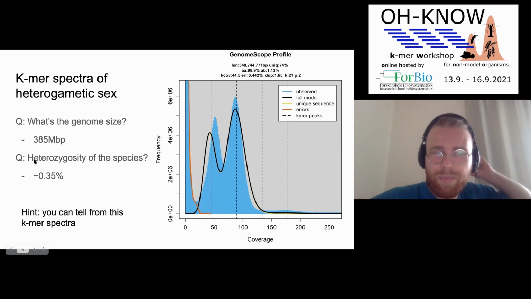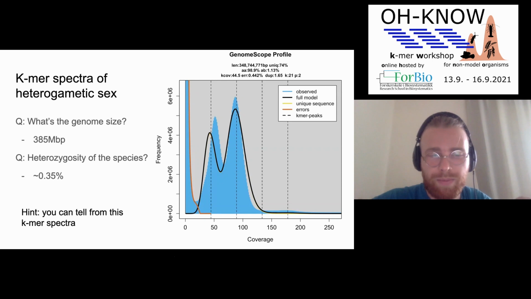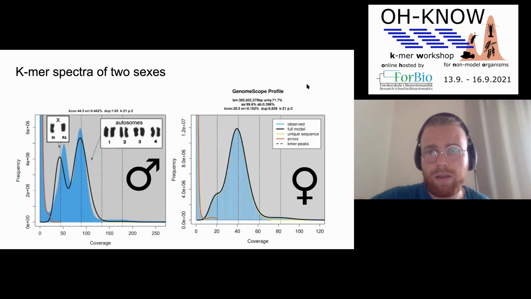And the heterozygosity of the species is about 0.3, 0.35. And this is again super overestimated, just because everything that is on the X chromosome is counted as heterozygous. Now, this is how a male looks. This is how a female k-mer structure looks.